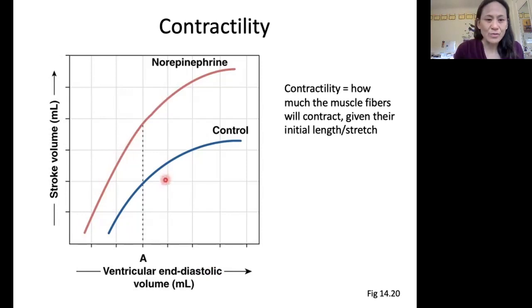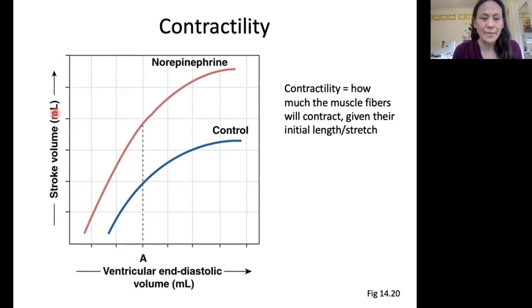If we look at the actual values, what you can see is that under the control condition, if you have A for your end diastolic volume, you're going to end up ejecting out this much blood. But if you have A for your end diastolic volume in the presence of norepinephrine, you are going to end up ejecting a much larger amount of blood.